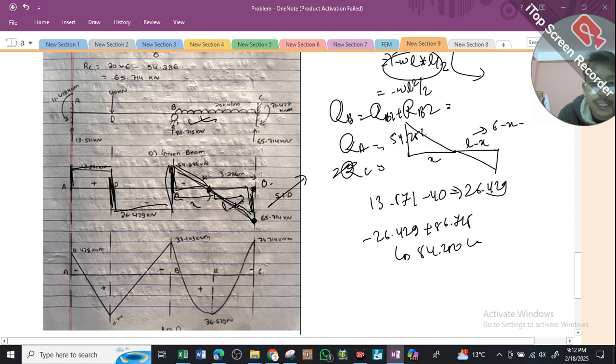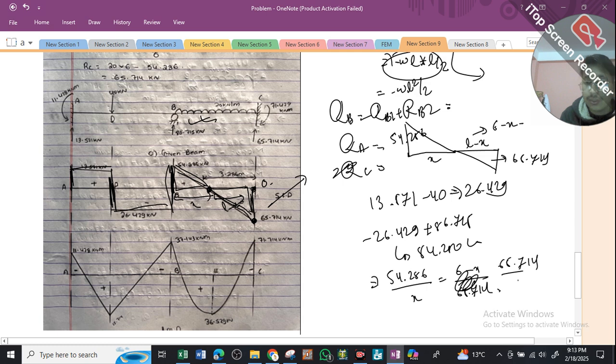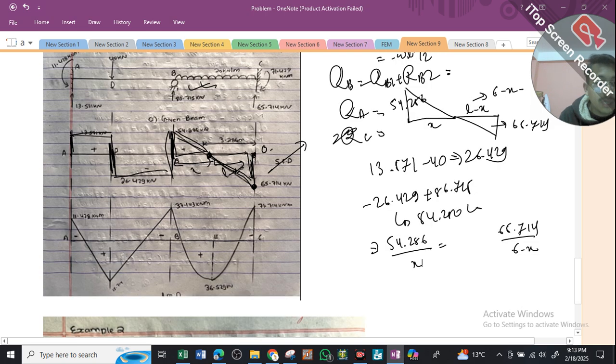So you can simply write down 54.286 divided by x equals 6 minus x divided by 65.714. Sorry, I just wrote it opposite. So using your similar triangle rule, you can just find out your value of x. So we have 11.478.